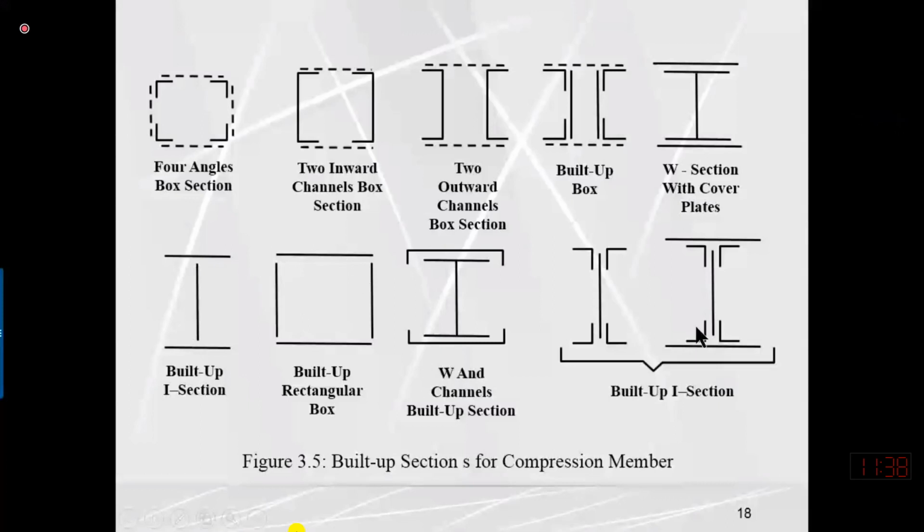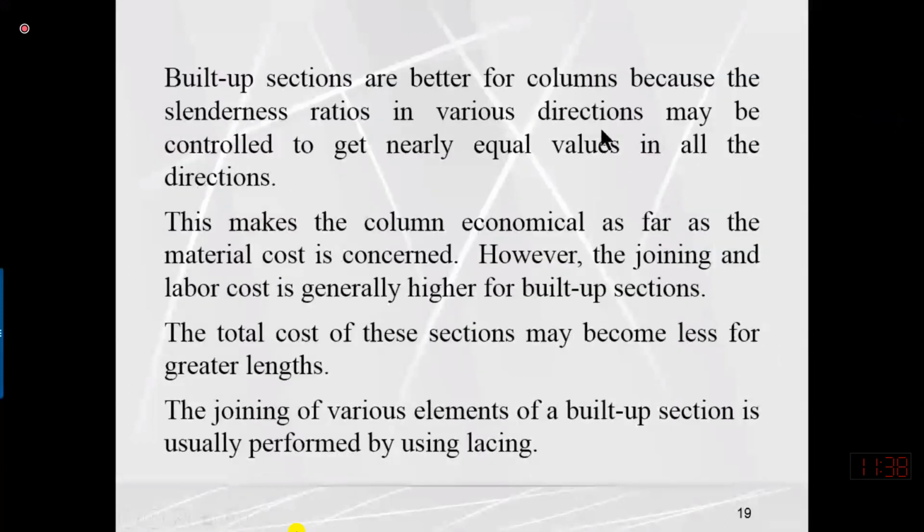Built-up sections are better for columns because the slenderness ratio in various directions may be controlled. Controlled means it may be increased to get nearly equal values in all directions. What is the ideal section? An ideal section is one having the same slenderness ratio about both axes, the x-axis and y-axis.